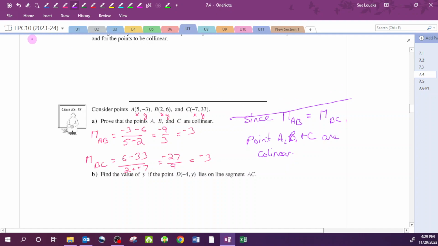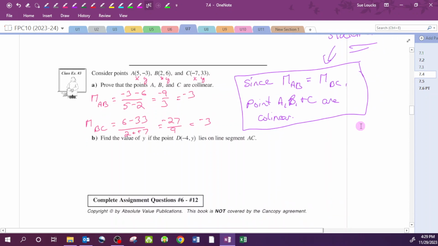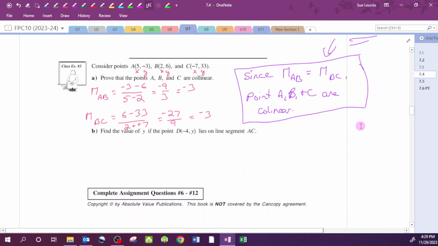Oops, I didn't mean to cross that out. I was trying to put a box around it. So you need this statement. That is going to be a common theme in this unit: you have to not just do the work to show it, you have to state why that shows what you're saying it shows.